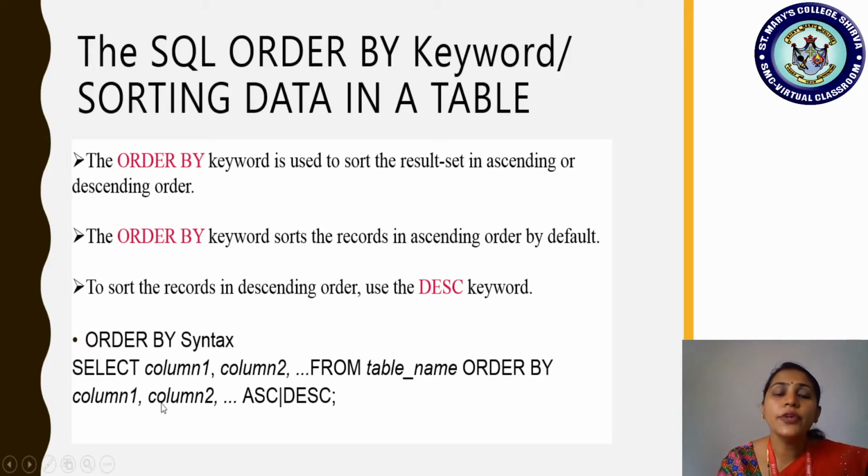Or if you want to view the information with respect to average, let us consider that an average attribute is there in the student table, then you are supposed to mention order by average. Okay, so like that.